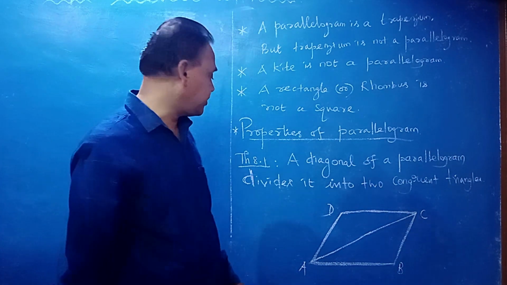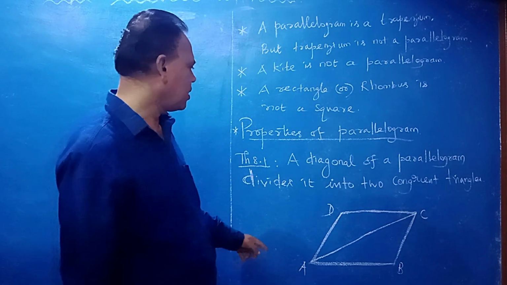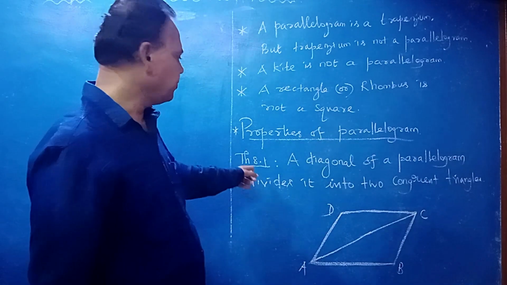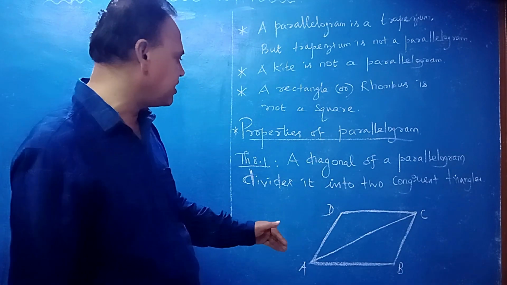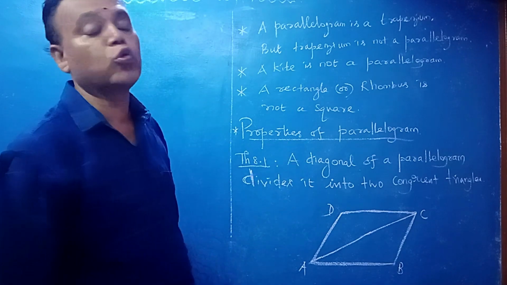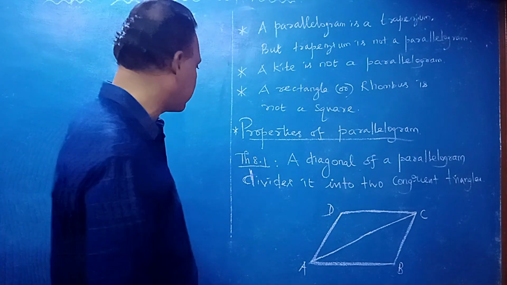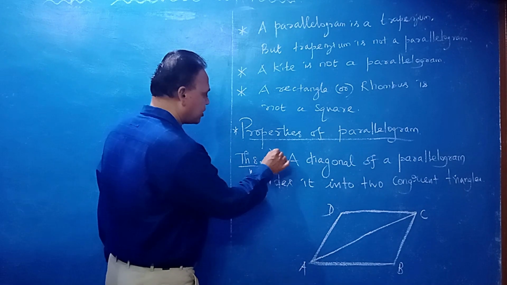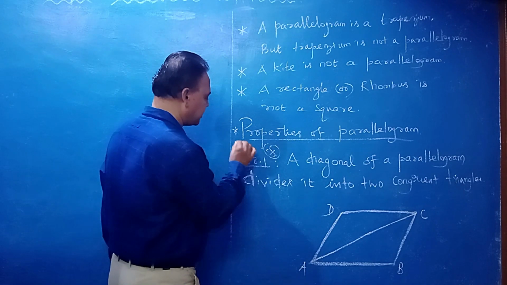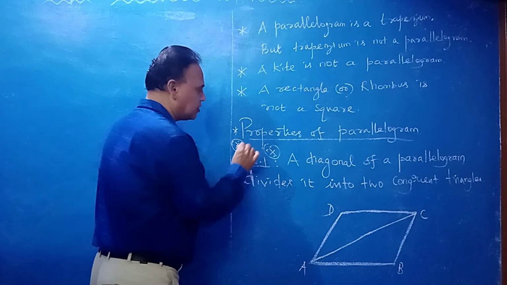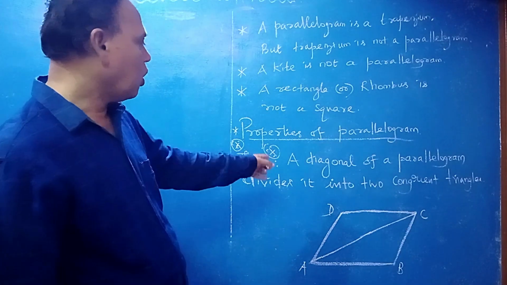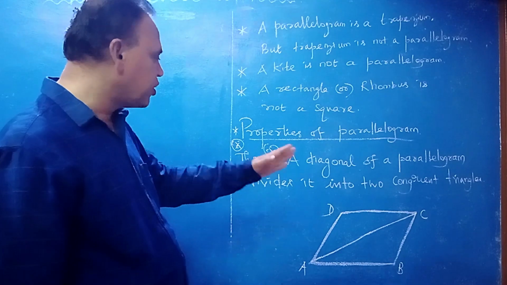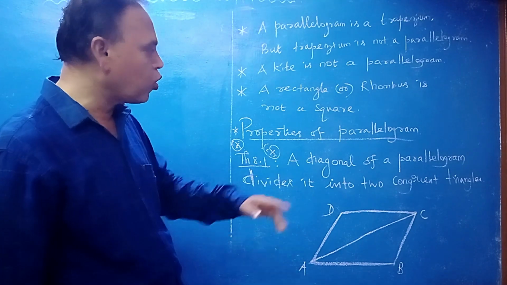Next we will see Theorem 8.1. Properties of parallelogram. Theorem 8.1: A diagonal of a parallelogram divides it into two congruent triangles. You have to prove this very important theorem. Board mark theorem, very important from the examination point of view. They may ask how to prove that a diagonal of a parallelogram divides it into two congruent triangles.